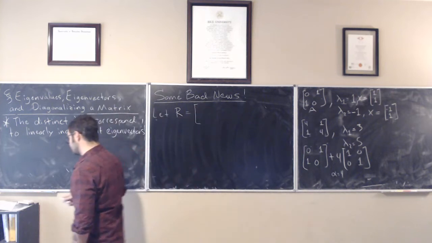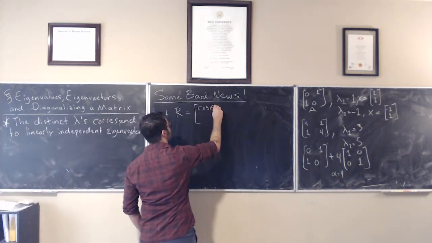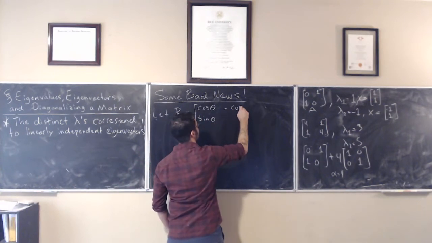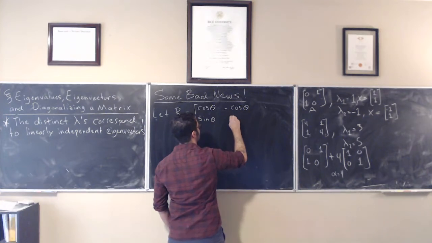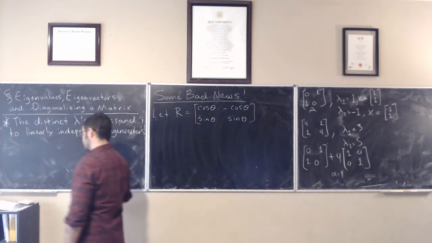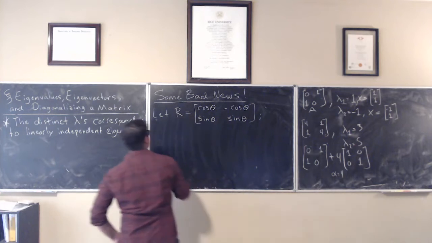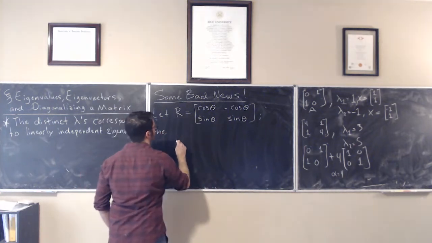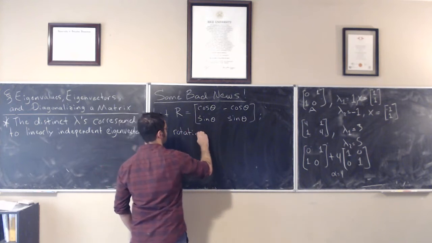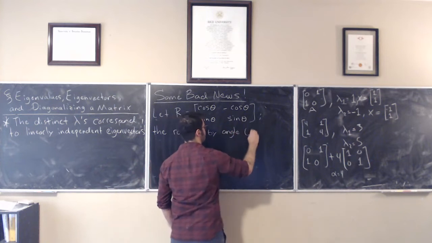Forget the, is it negative cosine? It's cosine. I think that's the right intuition there. Yeah, that's it. R, where this is the rotation by angle theta matrix.